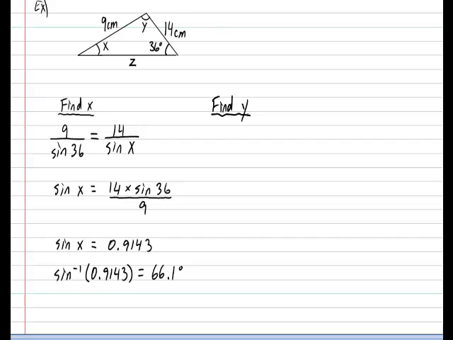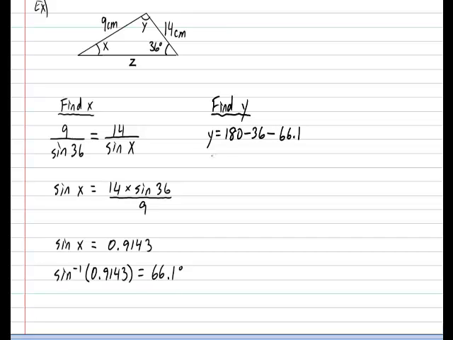To find Y is going to be very easy. All I'm going to do is use the property of the internal angles of a triangle that all add up to 180. Therefore, Y is equal to 180 minus the 36 degrees minus angle X, which we found a second ago to be 66.1.